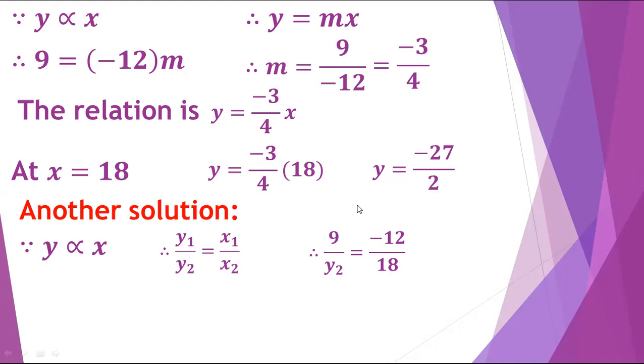By using cross multiplication, y2 equals negative 27 divided by 2. We can use this solution if you ask me to find y at x equals something, but if he asks me to find the relation, use the first solution. Okay?